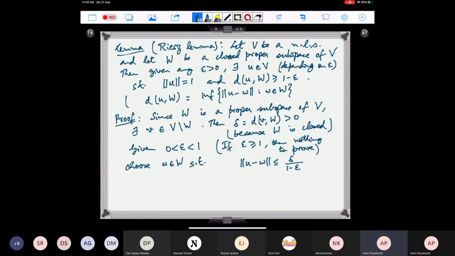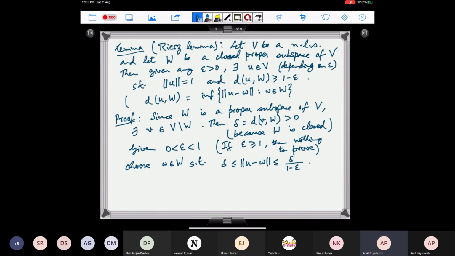So we can always find a vector w such that norm of v minus w is less than or equal to delta by 1 minus epsilon, and this is clearly bigger than or equal to delta, because delta is the infimum of all these things. So norm of v minus w is between delta and delta by 1 minus epsilon.